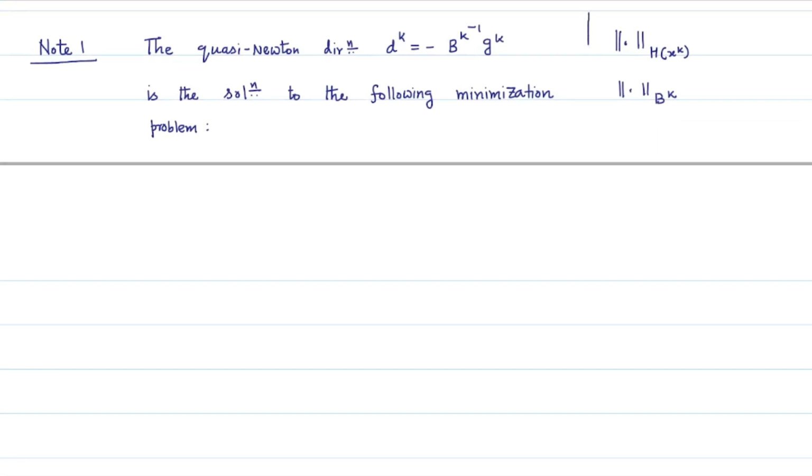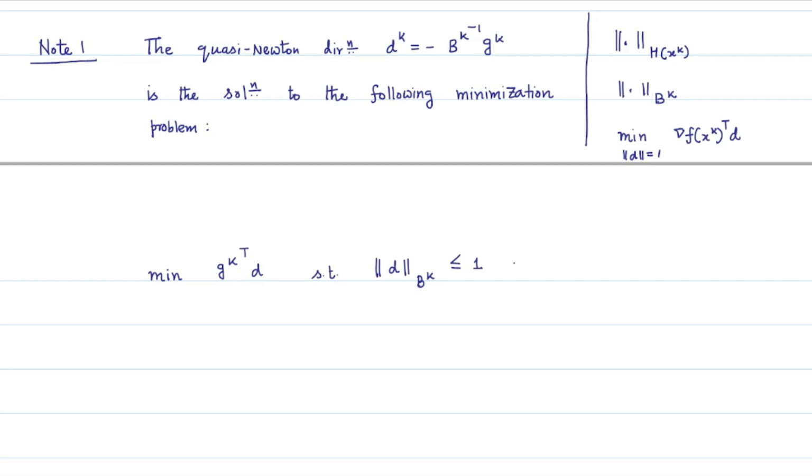In the steepest descent case, we have seen that the steepest descent direction is a solution to the minimization of the directional derivative along the direction d, subject to d being a unit direction. Here, for the quasi-Newton method, this dk is the solution to the following minimization problem: minimization of gk transpose d, subject to the norm of d with respect to Bk, the ellipsoidal norm.